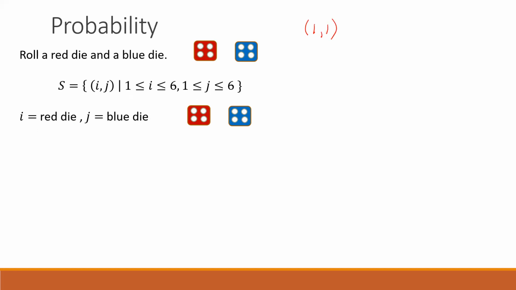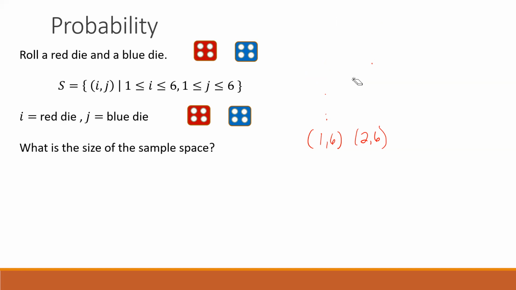I could say, well, maybe they're both 1, or maybe the first one is 1, the second one is 2, or maybe the first one is 1, and the second one is 3, and then down to 6. And then I could start on, well, what if the first one is 2? Well, then I have to go through them all again. So I can list out all the events in my sample space as these pairs of numbers between 1 and 6.